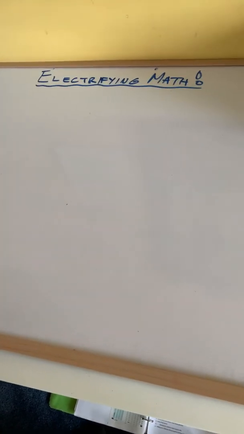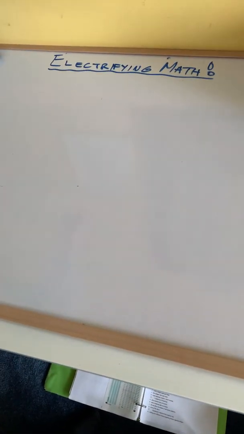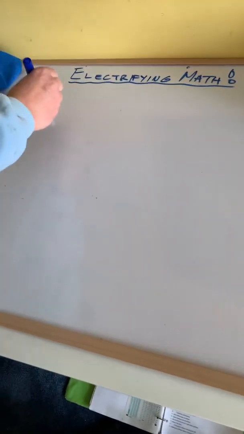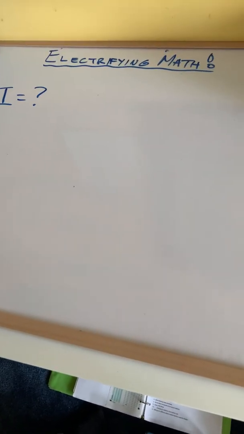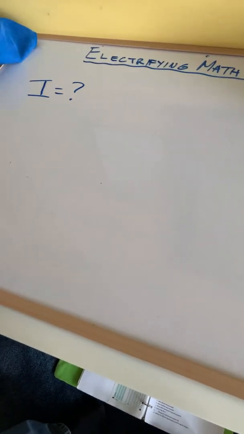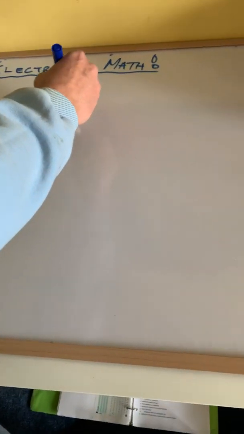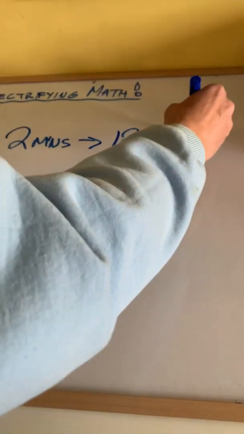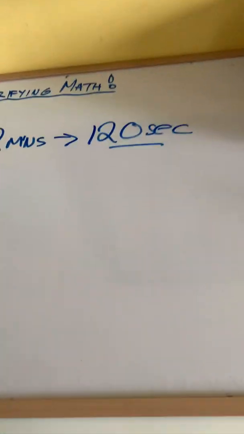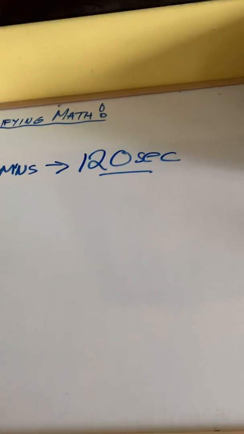Number 2, we have what current, symbol is I, does a stereo receiver draw if it's used for 2 minutes? Let's immediately make that 120 seconds. If it's used for 2 minutes and goes through 10 coulombs of charge.